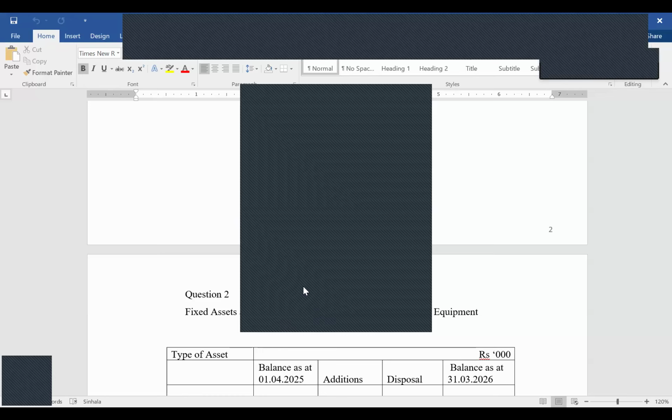How can I do it? Who can help me? After the pencil icon.